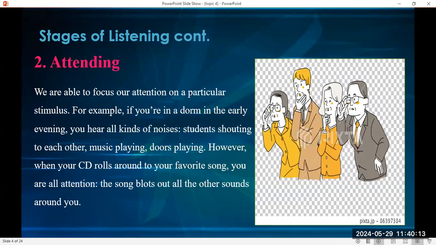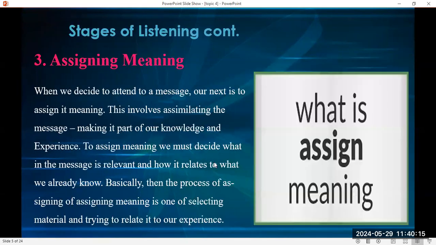Once we finish that particular step, we go to assigning meaning. So what is assigning meaning? When you decide to attend to a message, our next step is to assign a meaning. For example, I am teaching you right now.